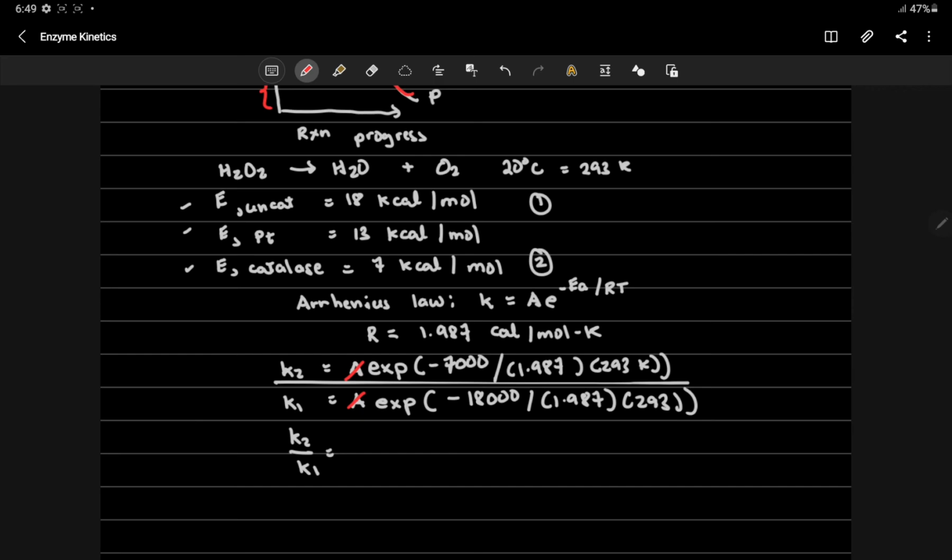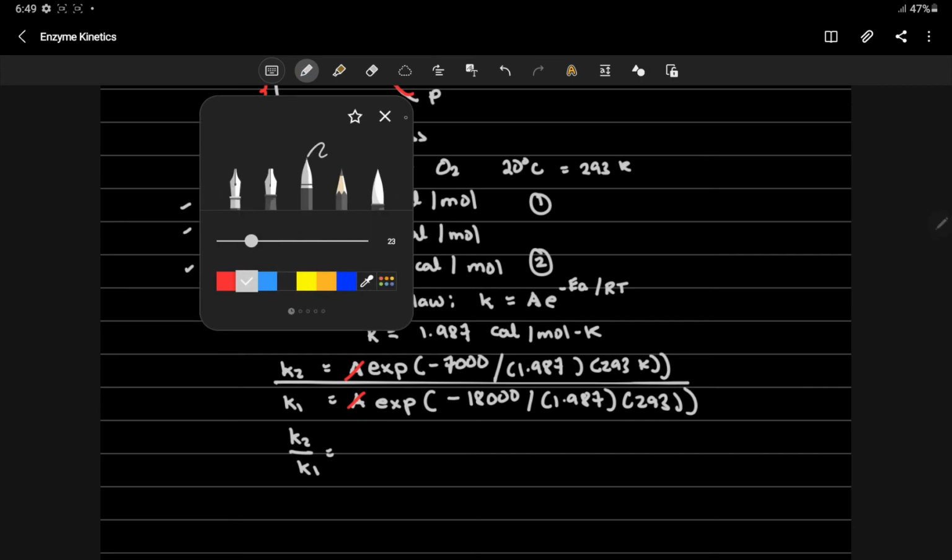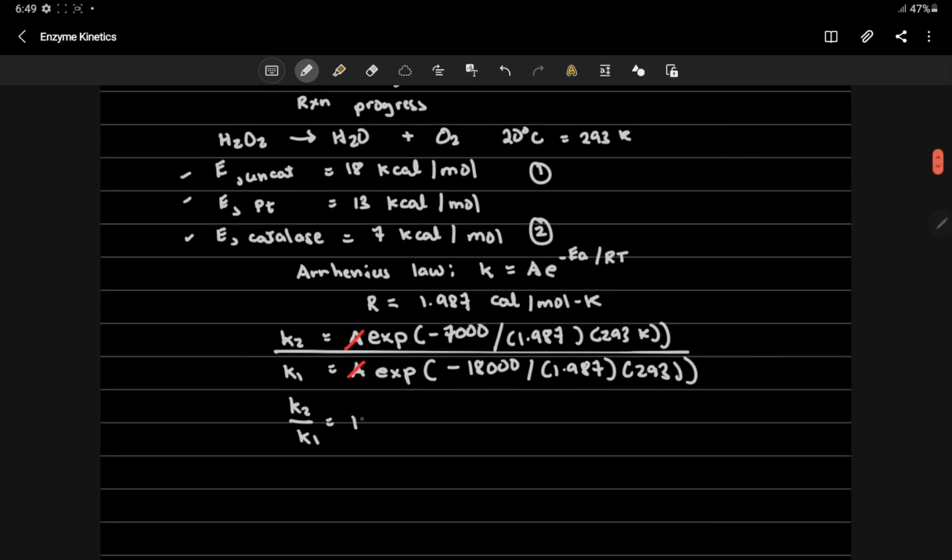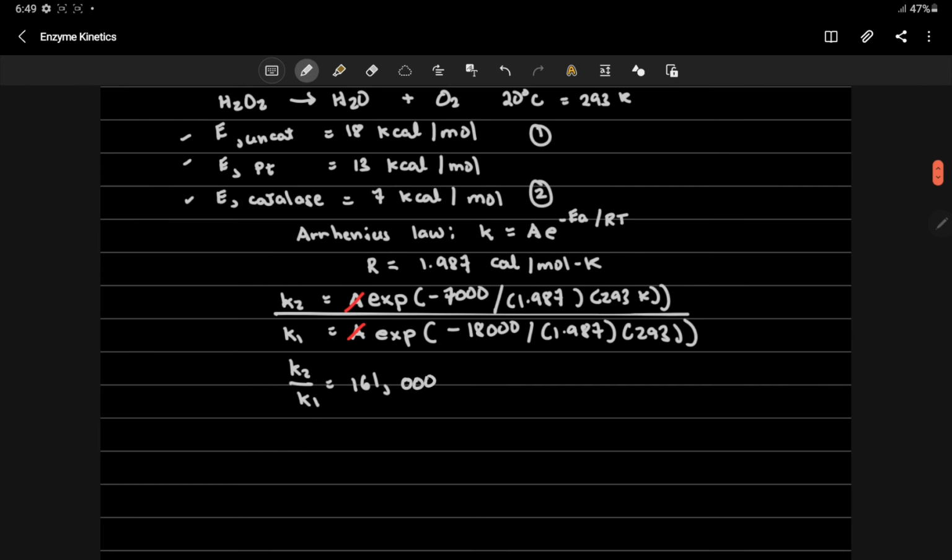So you just have to use your calculator and calculate itong nandito sa ating equation. So if you do your calculations, the result will be something close to 161 million, yung kanilang ratio.